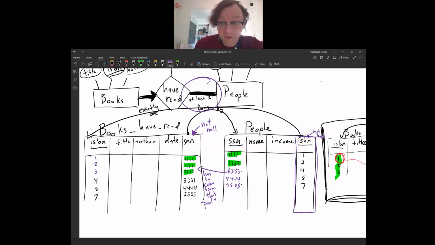It's okay that not every book they read appears here. For example, this person, this is only a record of 1 of the books he's read. He's read more, but it just has to be at least 1 of the books he read, because this also cannot be null.